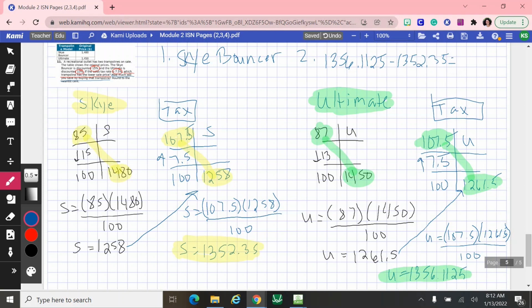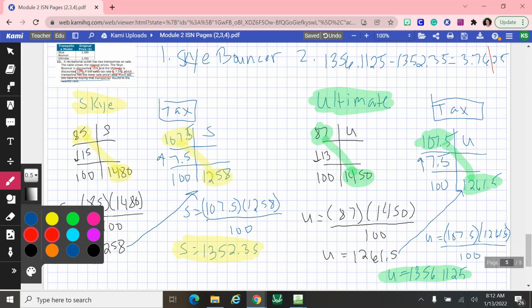And so I'm just going to do a regular old subtraction problem. What I got was 3.7625. And I'm going to draw a line after my cutoff. I don't need to round that. My final cost that I saved by going with the other one is going to be $3.76.